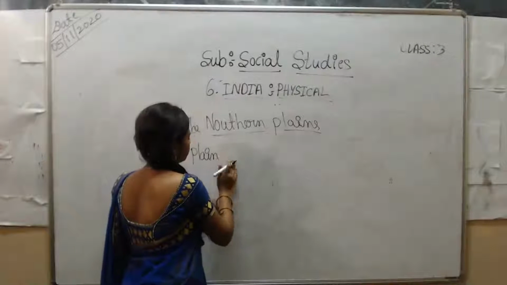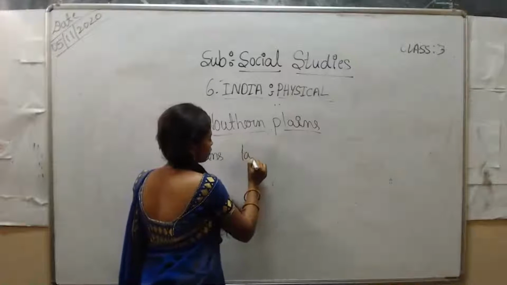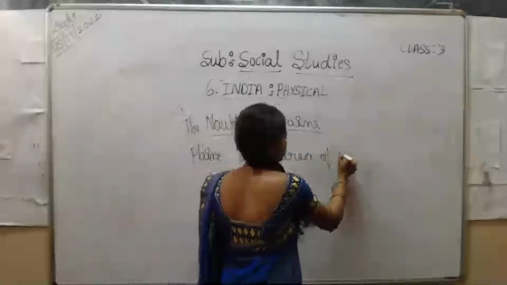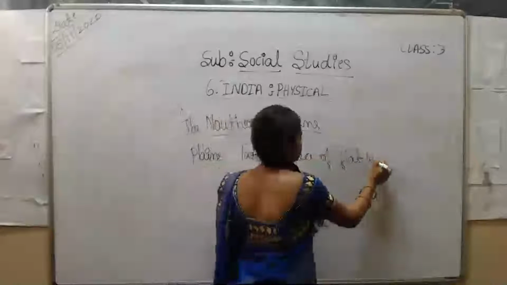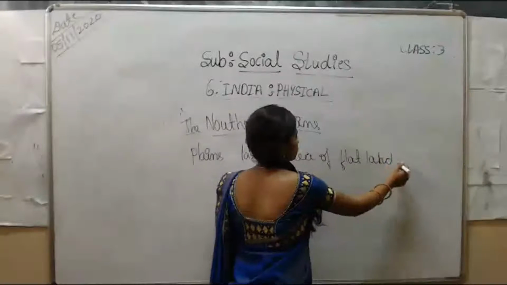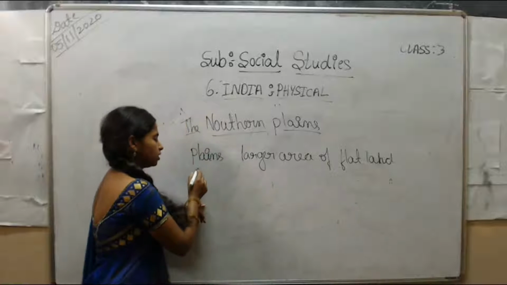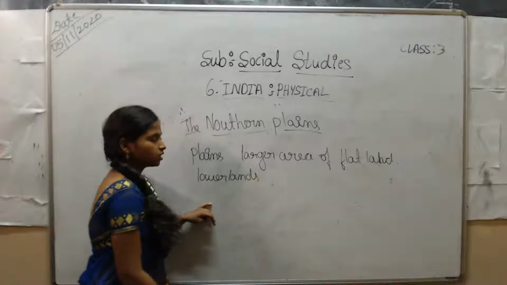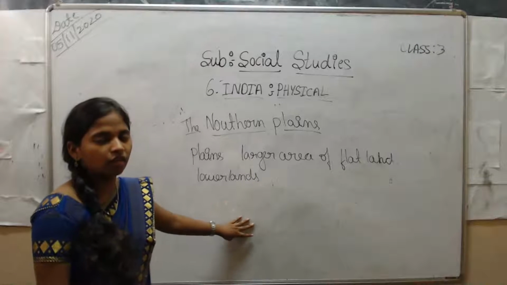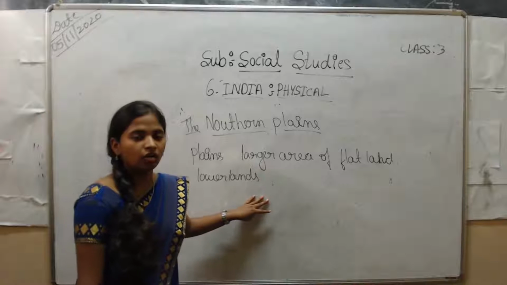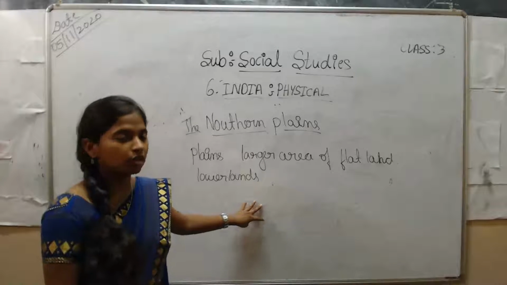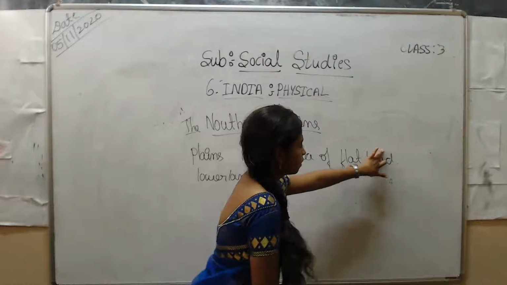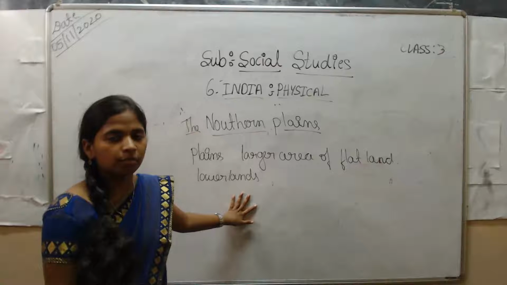Plains are larger areas of flat land. You can also call them lower lands. The name lower lands came because these plains lie almost at the bottom. That's why they are flat land, and they are very fertile land.